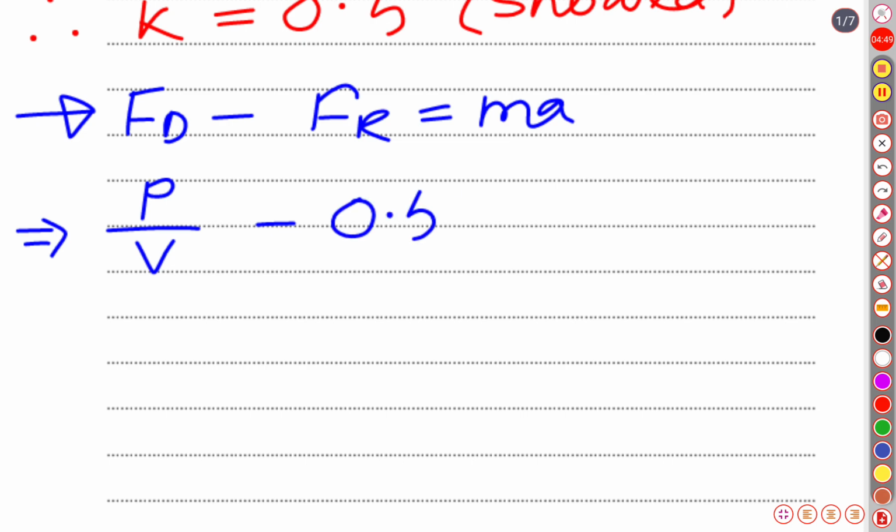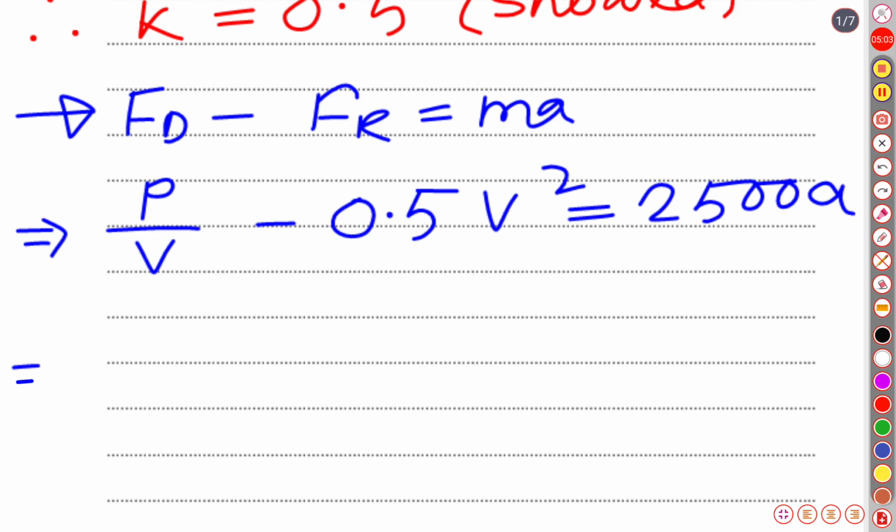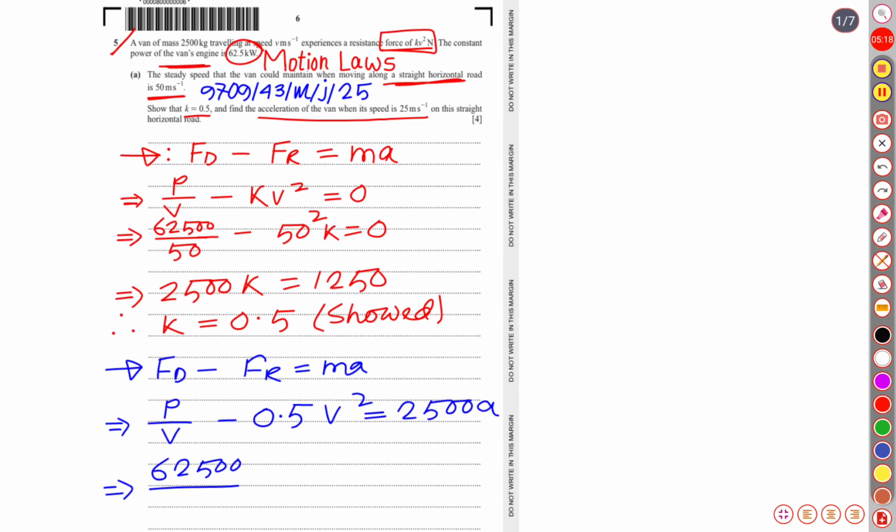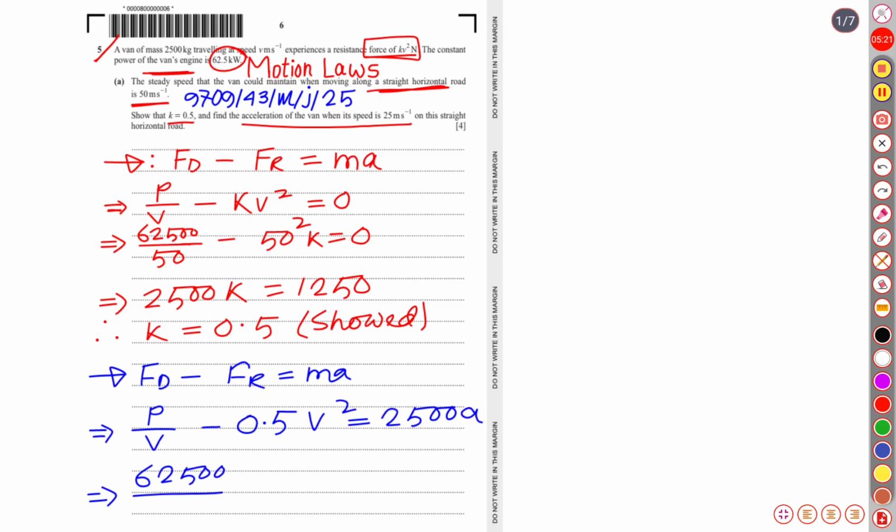k has been obtained as 0.5, and v squared, equal to mass of the van, 2500, times acceleration, which we are asked to find. Power is 62,500, and velocity at this stage is different. Initially velocity was 50, but now velocity has become 25 meter per second.